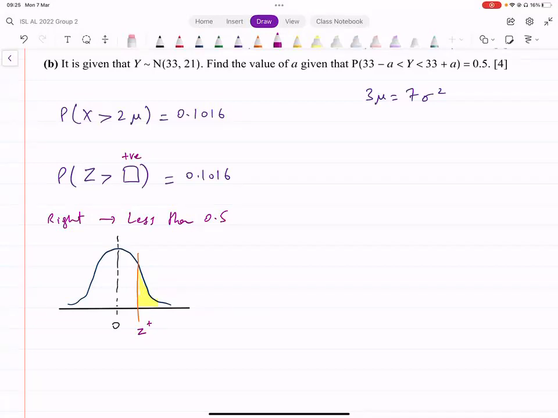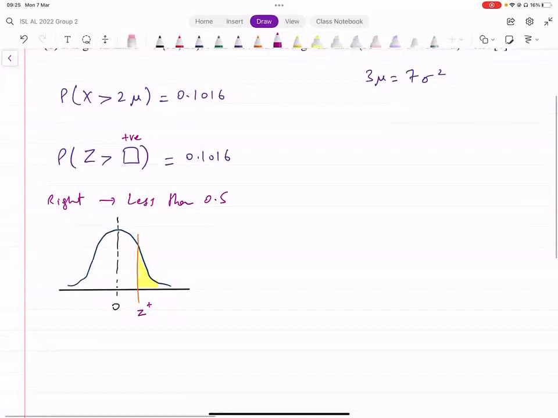Okay. Now what we know is this region right here, how much is this? This is 0.1016. This is the area that we have here. अब ये तो टेबल में नहीं मिलता हमें. टेबल पे तो हमें एक पॉजिटिव वैल्यू के लेफ्ट साइड वाला एरिया दिया होता है. हम उस फॉर्म में कन्वर्ट करेंगे. वो कैसे करेंगे?